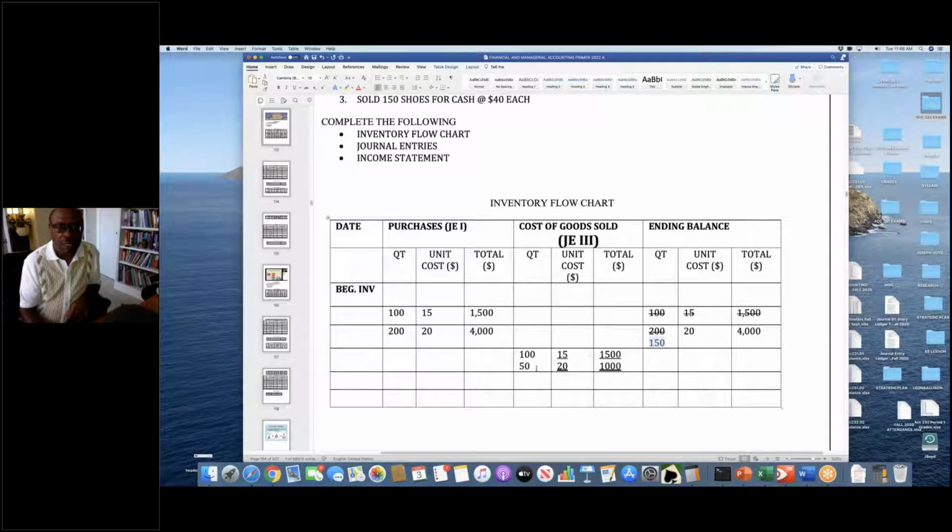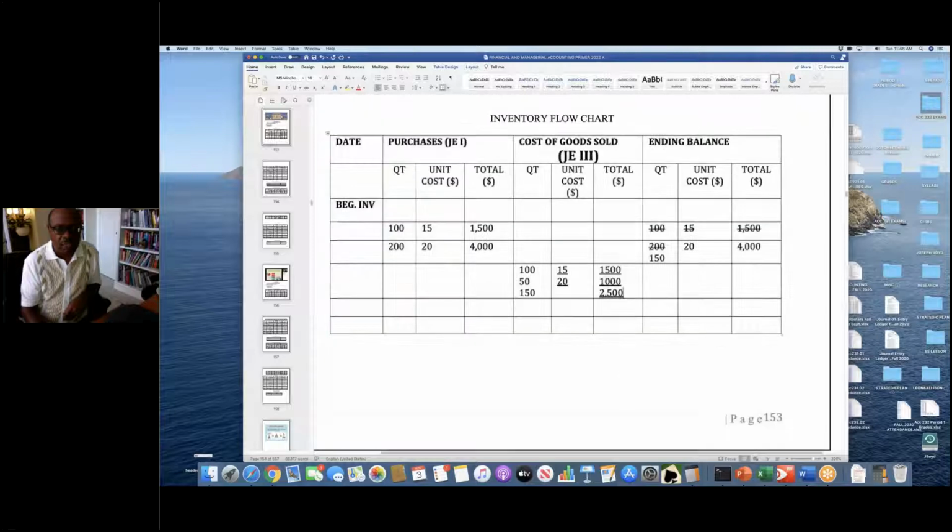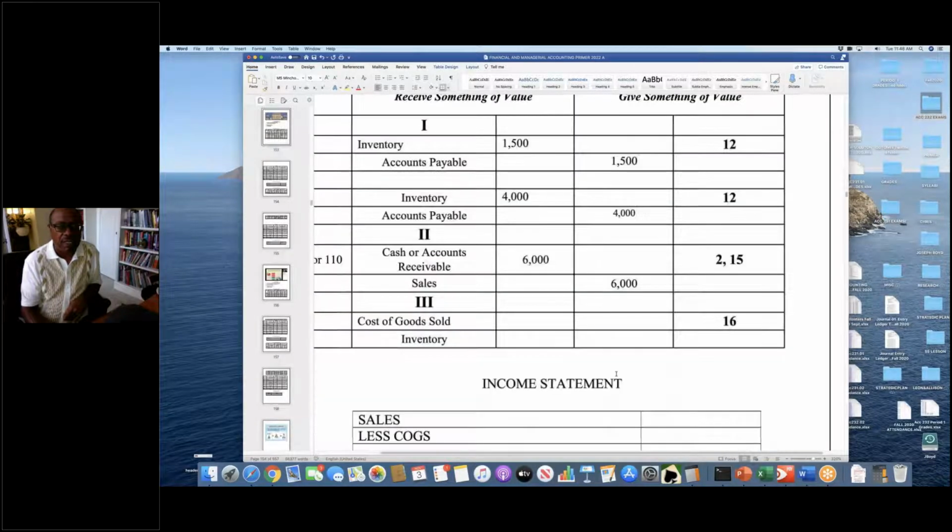So we sold 150 pairs of shoes. Some at 100, some at 15, some at 20. But the total selling price is what? $2,500. So this number, this column, and this number is what we're going to put in that journal entry. 2,500.